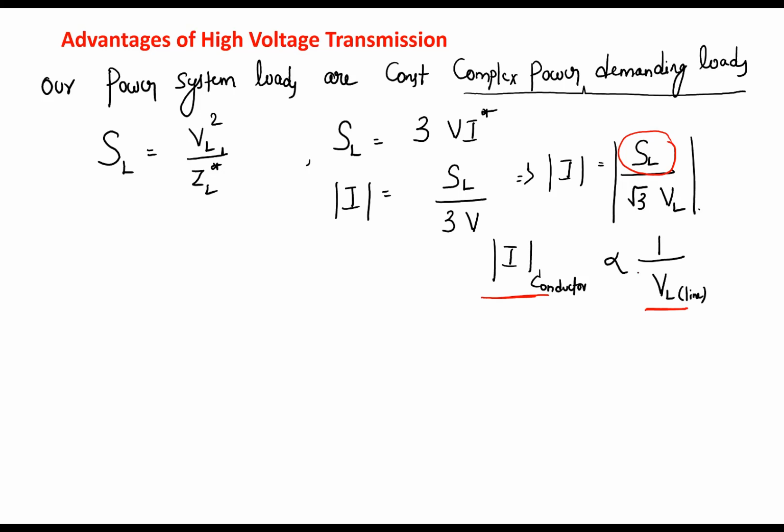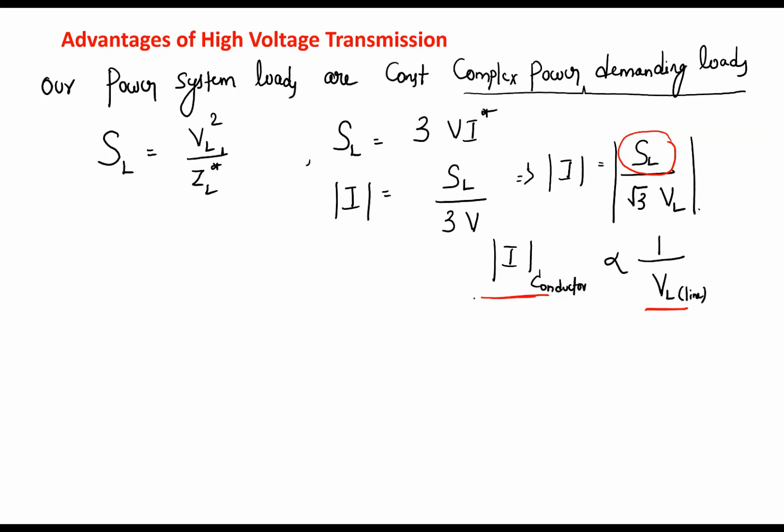That means if I keep increasing the transmission voltage, the current flowing through my transmission conductor decreases. If the current decreases, the size of the conductor decreases, and hence a lot of the volume of material is saved, and a lot of cost cutting will happen.